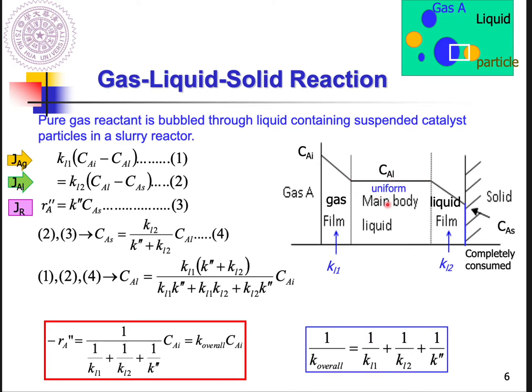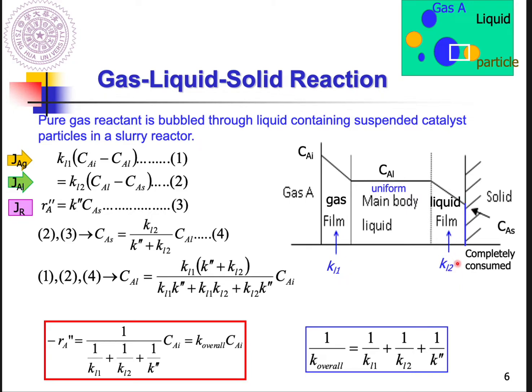That means we make a very important assumption that there's no resistance in this liquid main body. That means the transport coefficient is very, very fast or very, very large. So the reciprocal of infinity gives you 0, and 0 means the resistance equals 0. Then the reactant is going to diffuse through the liquid film layer, and you can observe the concentration decrease as a function of location.